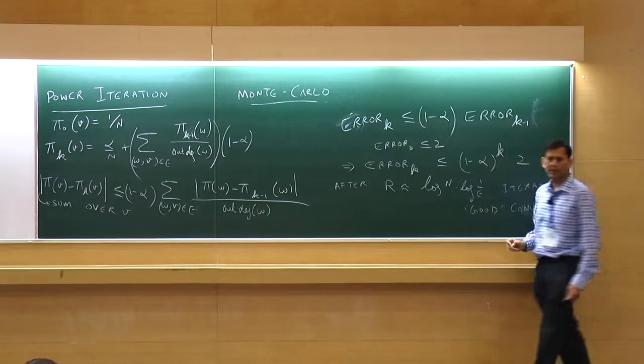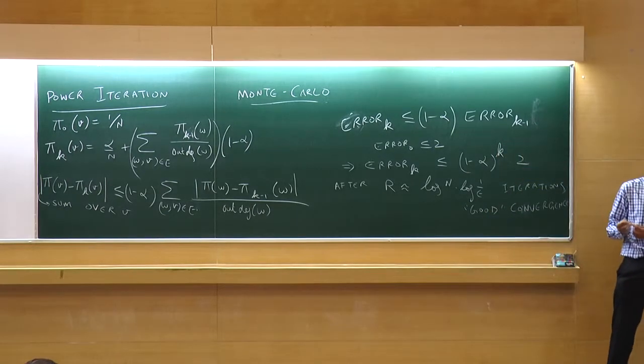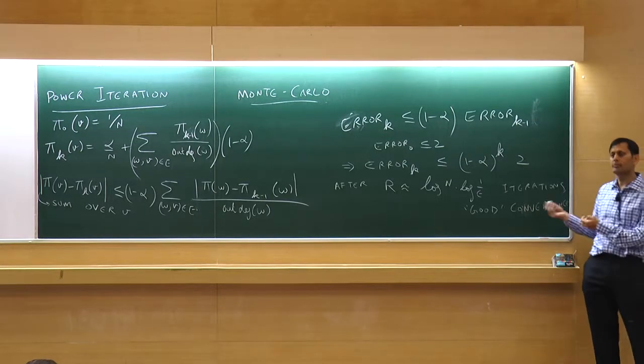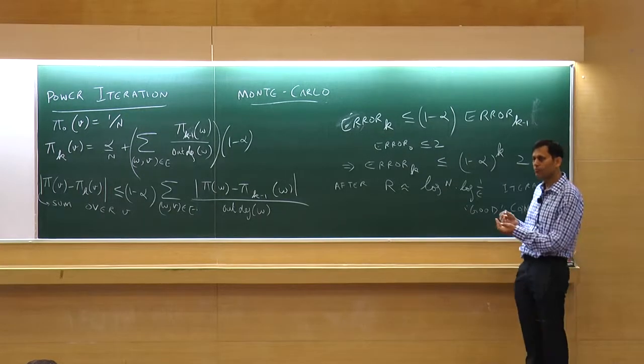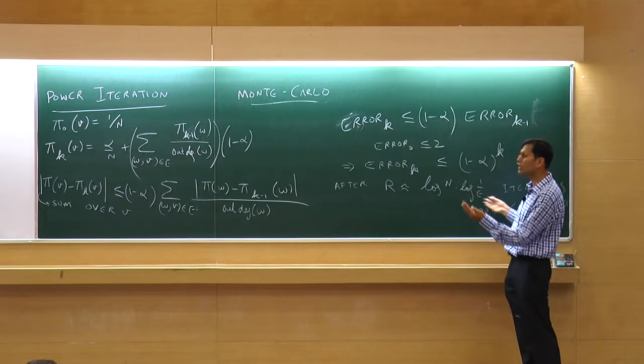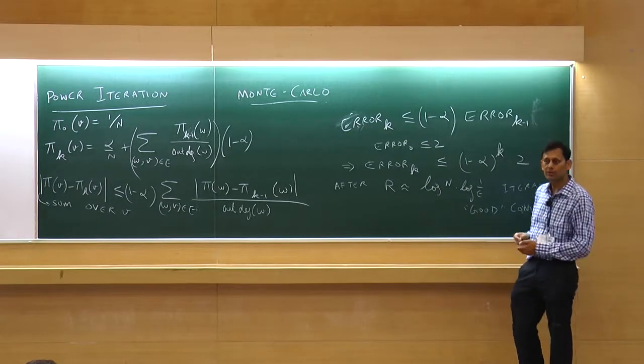Okay? And again, the exact number of iterations you need of this power iteration method depends on the exact bounds that you want. If you just want a total variation bound, you want the total distance to be epsilon, then you'll be done in constant iterations.